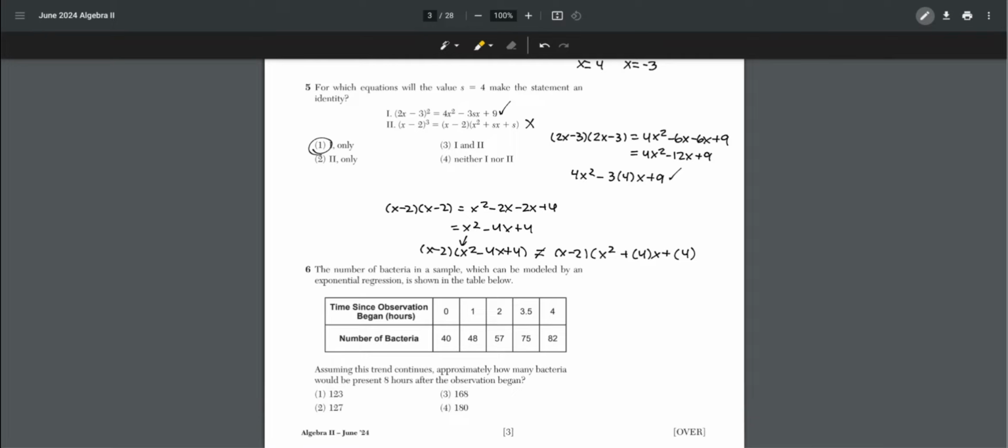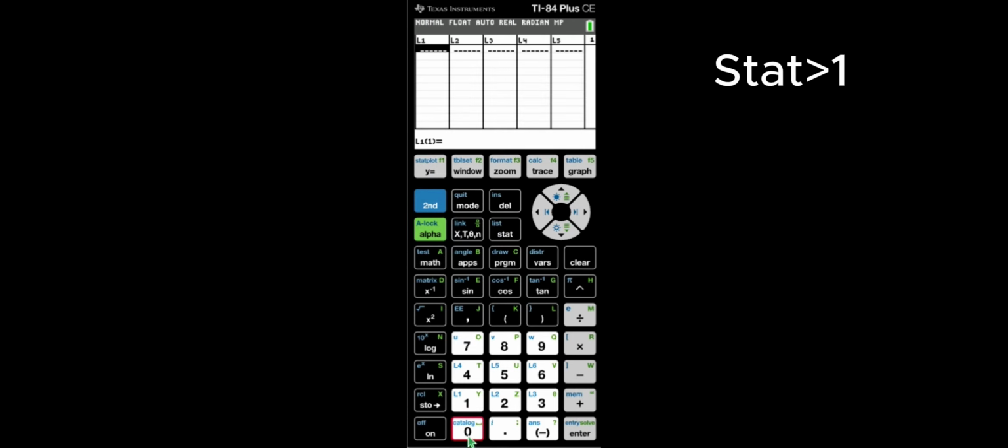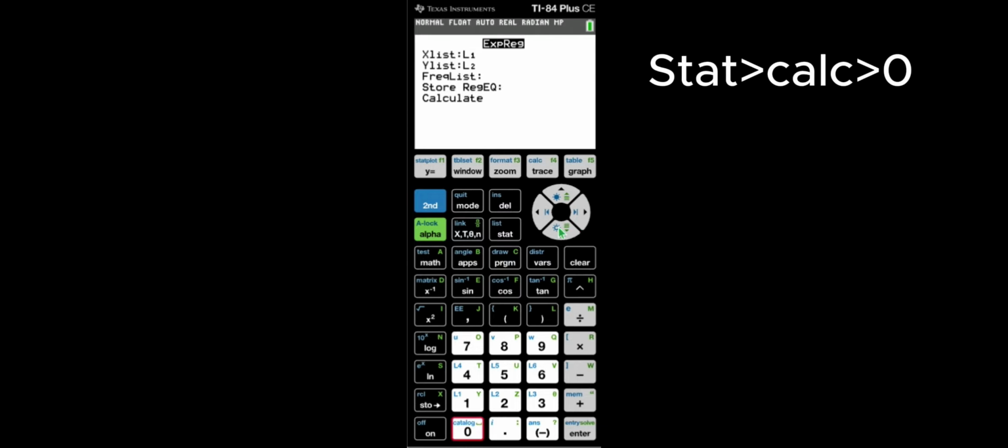Number 6. The number of bacteria in a sample which can be modeled by an exponential regression is shown in the table below. The time observed will be the x values and the number of bacteria will be the y values. We can input this into the calculator by going to stat 1, putting in the values, and then going to stat calc 0.